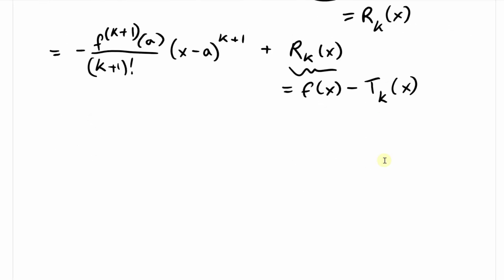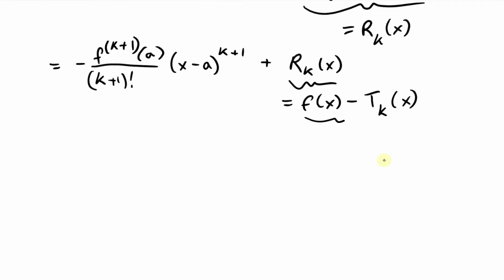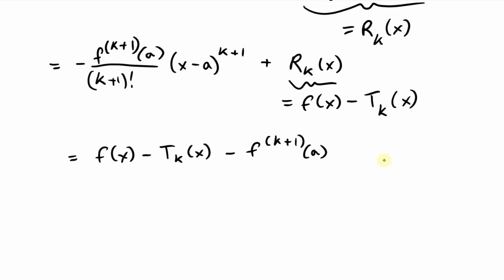So let's just write this in front. This whole thing equals, and we'll put this in front, f of x minus t k of x. And then right here is going to be minus, so yeah, move this over to this side, f to the k plus 1 derivative at a, over k plus 1 factorial, and now we have x minus a to the k plus 1. In other words, this is just the term right after the kth term.